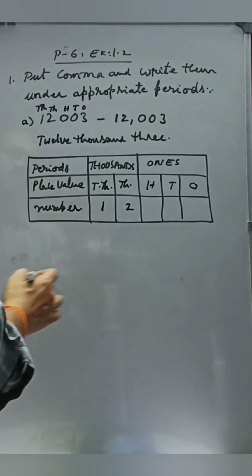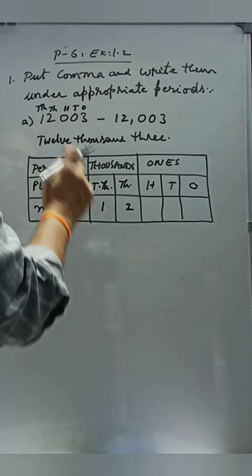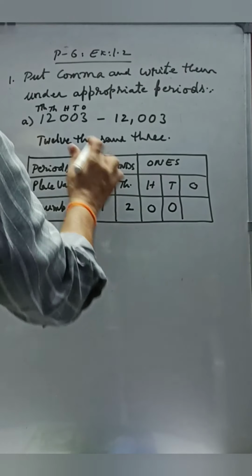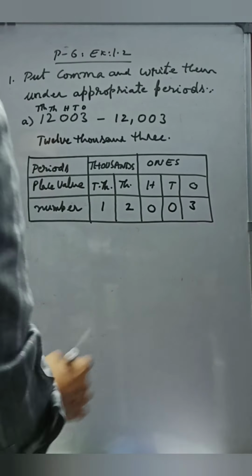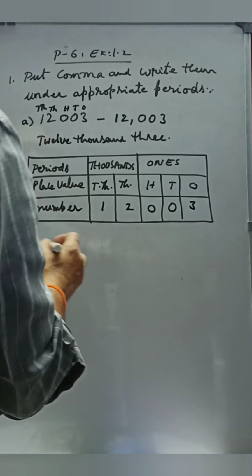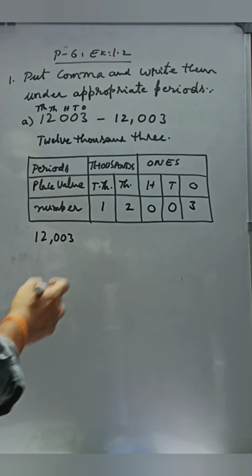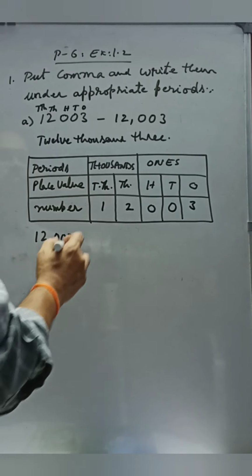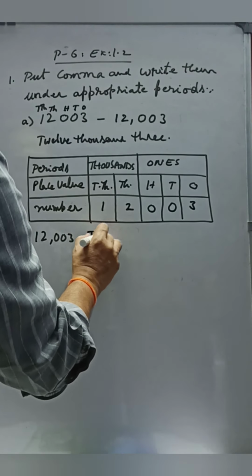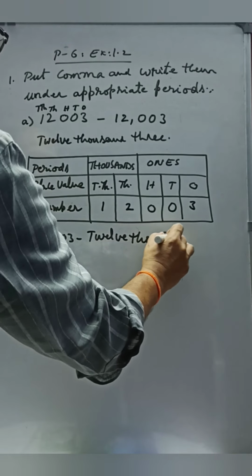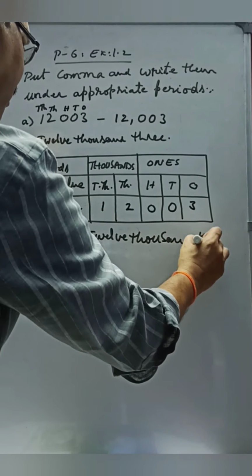Hundreds place is 0, tens place is 0, and ones place is 3. So by putting the comma we can write the number as 12,003. The number is read as 12,003.